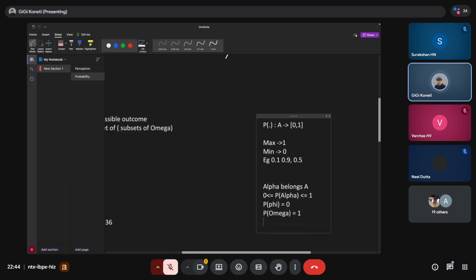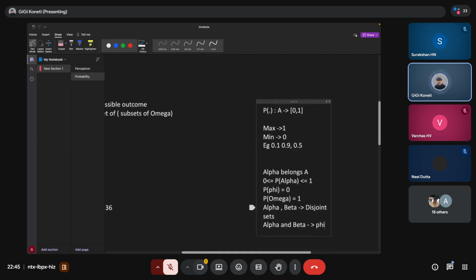Another thing we can define here is, if alpha, comma, beta are disjoint sets. Now what are disjoint sets? The possible outcomes of alpha will not match the possible outcomes of beta. It means the outcomes are two specific circles, and they do not intersect at any point. So if you want to find the intersection of both, alpha intersection beta, that will be phi.